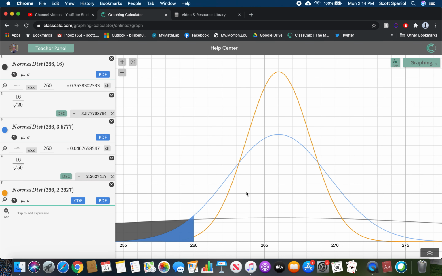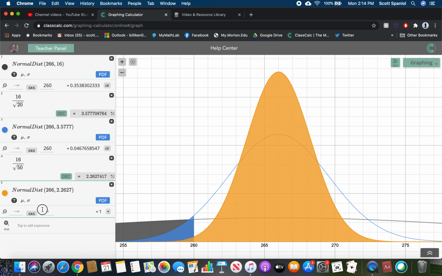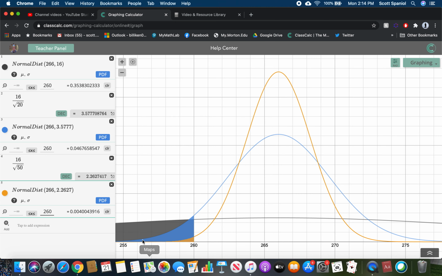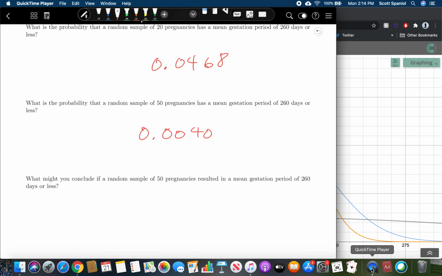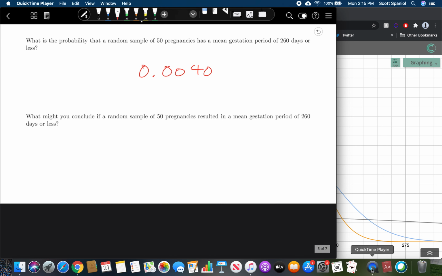Okay, so we've got our new graph, and it's going to have an even smaller probability, but we can try that out. What's the probability that it's less than 260? And now it's gone all the way down to 0.0040. And so what might you conclude if the random sample of 50 pregnancies resulted in a mean gestation period of 260 days or less? You might conclude that the population mean had decreased.